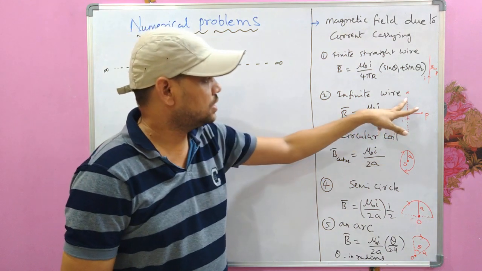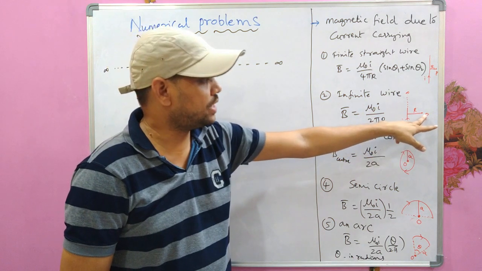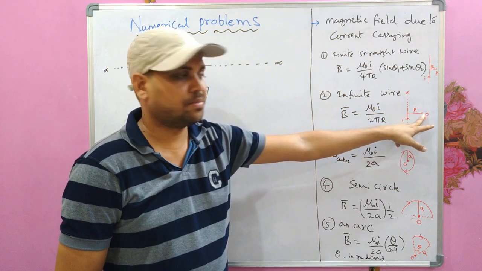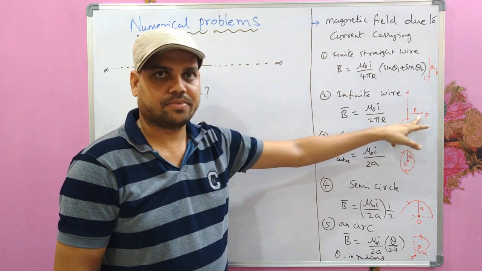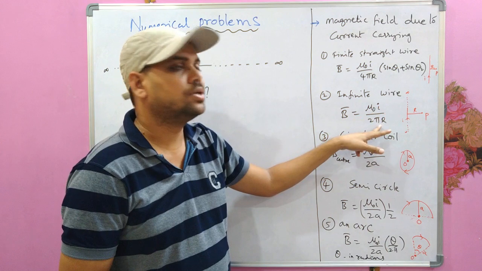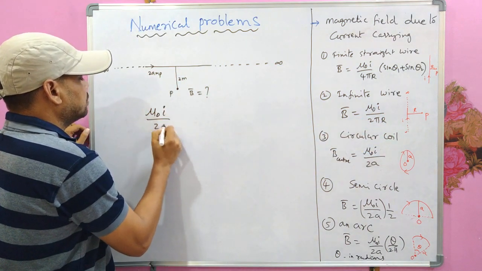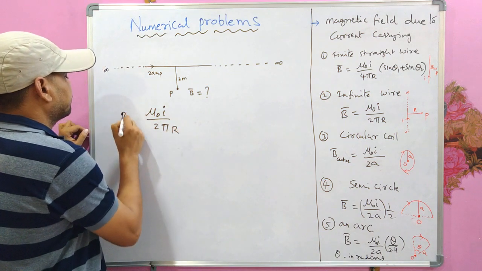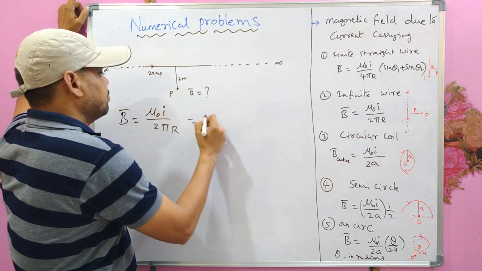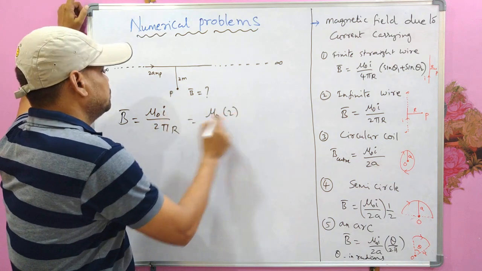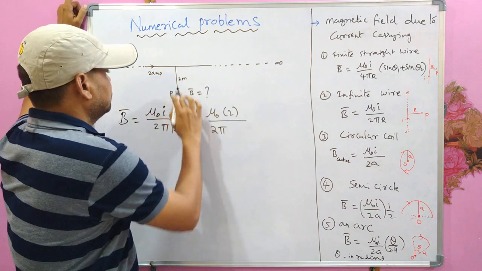If you observe this, this is an infinite current carrying wire, and the magnetic field at a point P, where P is at a distance of capital R from it. Okay, that is mu naught I by 2 pi R. What is I here? 2 amperes by 2 pi into 2 meters.